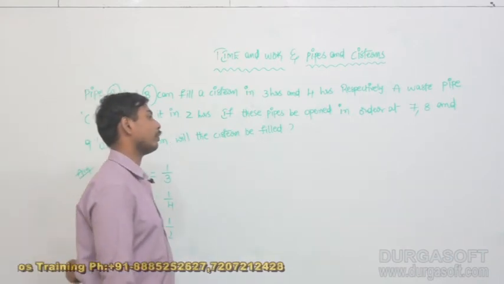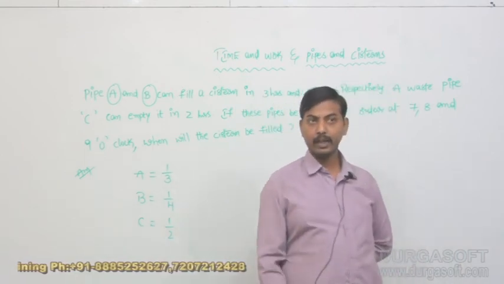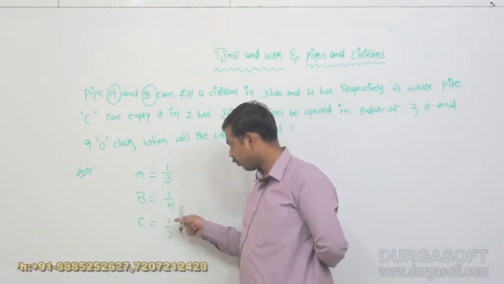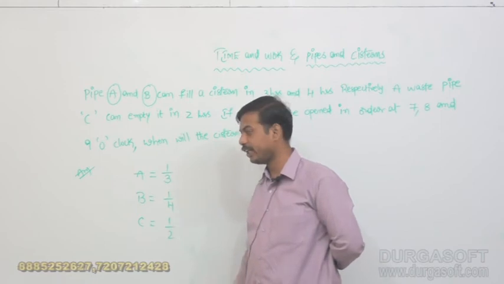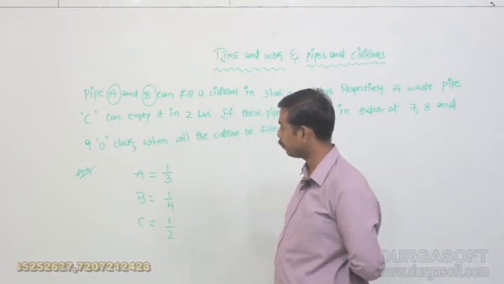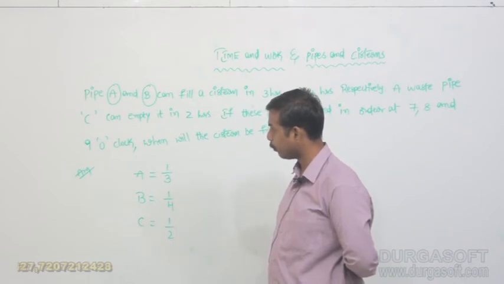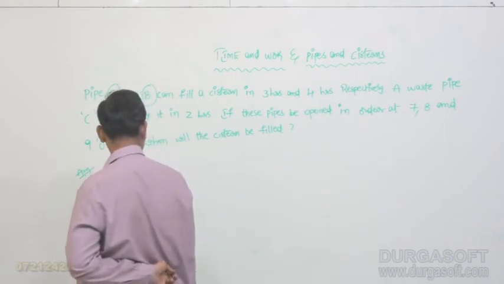Let us go for the capacity of the tank here. What would be the capacity of the tank? That means 3, 4, 2. What is the least common multiple here? Double of 4 is 8, and 8 is not applicable for 3. Triple of 4 is 12. 12 is applicable for 3 and 2, and 4 also.